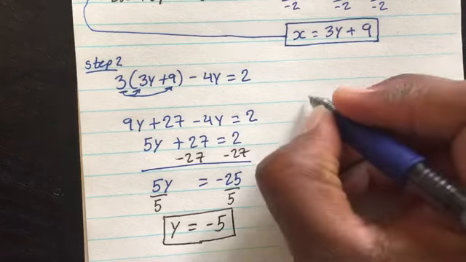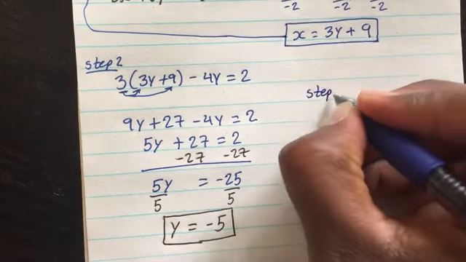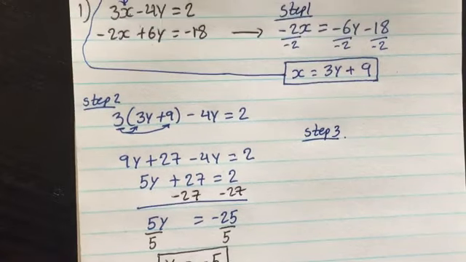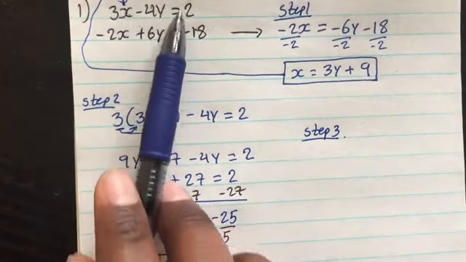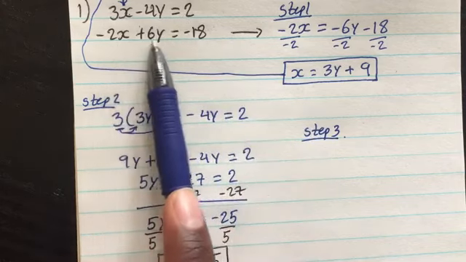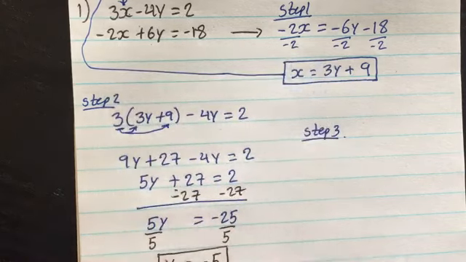And step 3 says to take the value from step 2 and substitute into either one of those 2 equations. It really doesn't matter which one you substitute, but if you remember, I solved the second equation for x. I know what x is equal to.